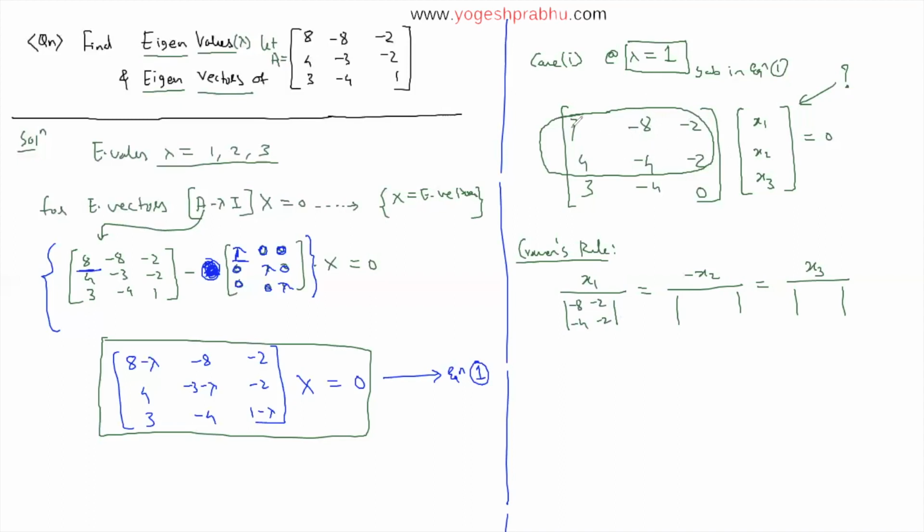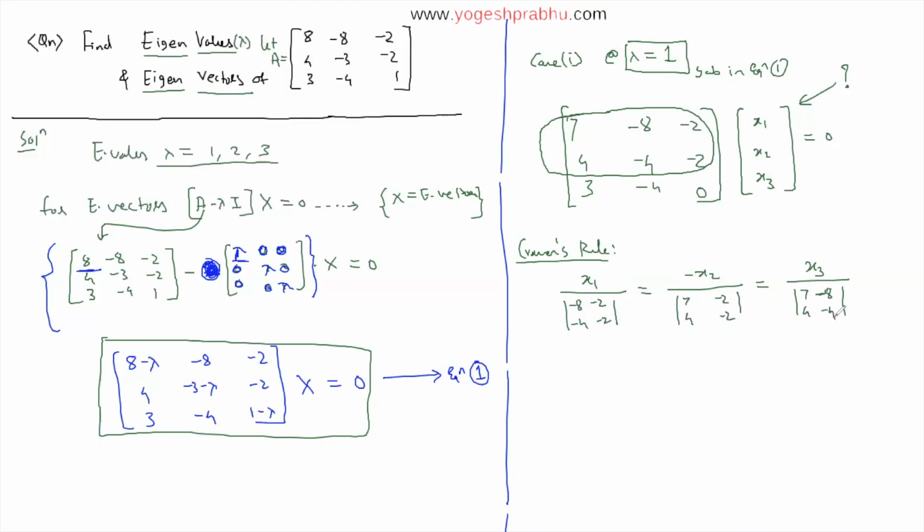When you're finding for x2, you will take 7, 4, and minus 2, and minus 2, minus 2. Now for x3, you will hide this and take this. So it is 7, minus 8, and 4, minus 4.